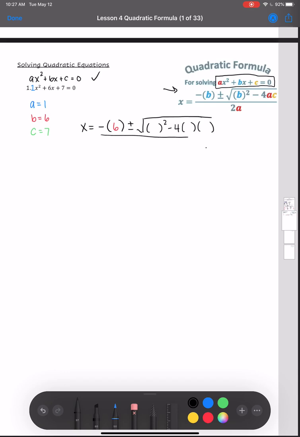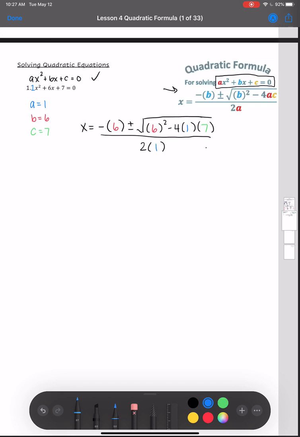It's very helpful if you just open up all your parentheses. So now we just have to fill in our a's, b's, and c's. So negative b plus or minus the square root of b squared, so b is 6, minus 4 times a is 1, times c is 7, all divided by 2 times a, which is 1.